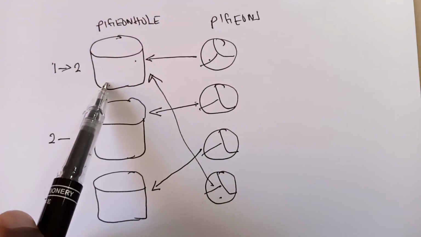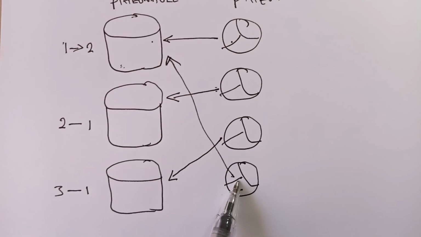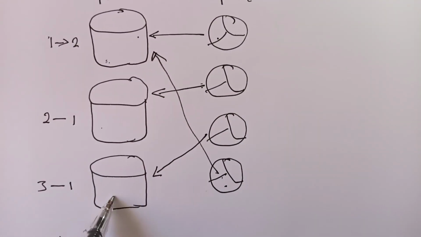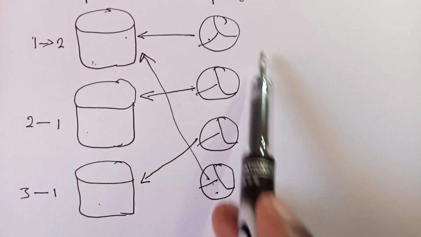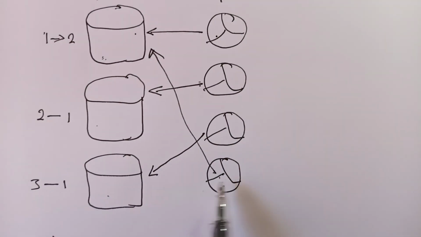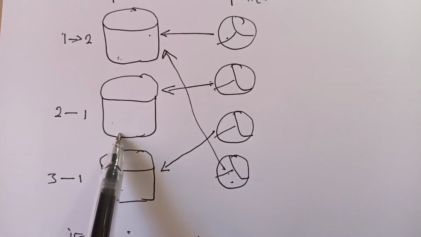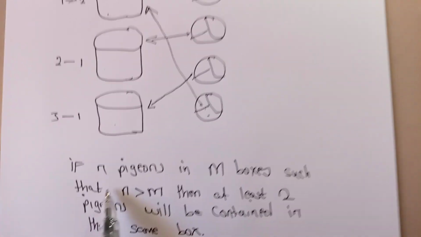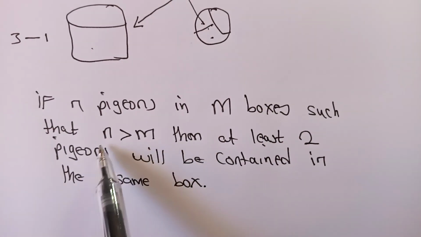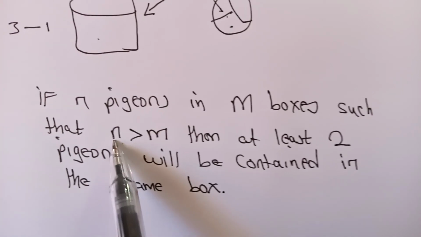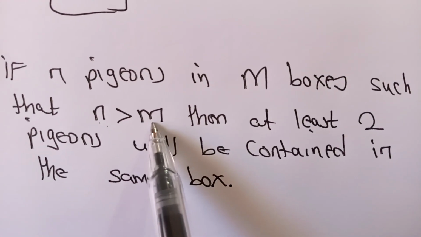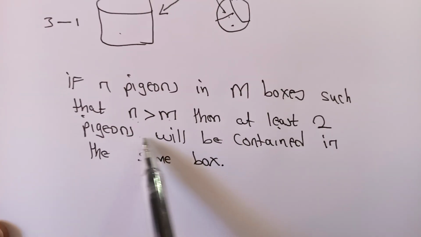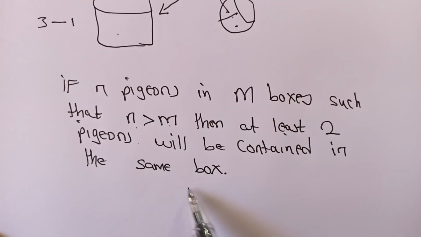This first basket contains 2 balls, this one contains 1, this one contains 1 ball, but we have more pigeons than pigeonholes. Therefore, the pigeonhole principle states that if the number of items is greater than the number of holes, in this case the baskets, then at least 2 pigeons will be contained in the same box.